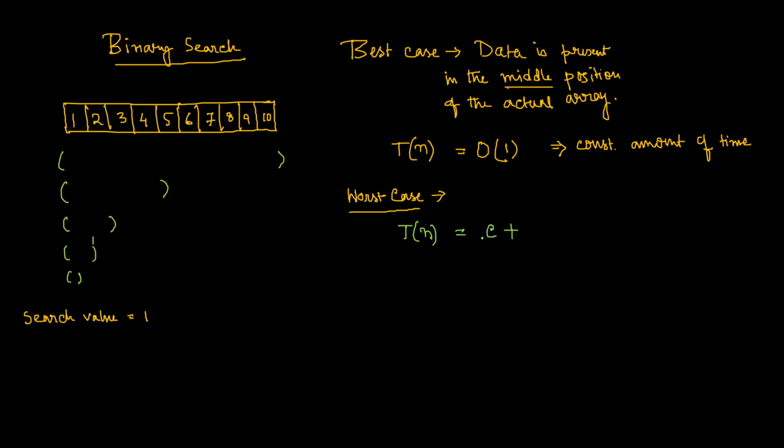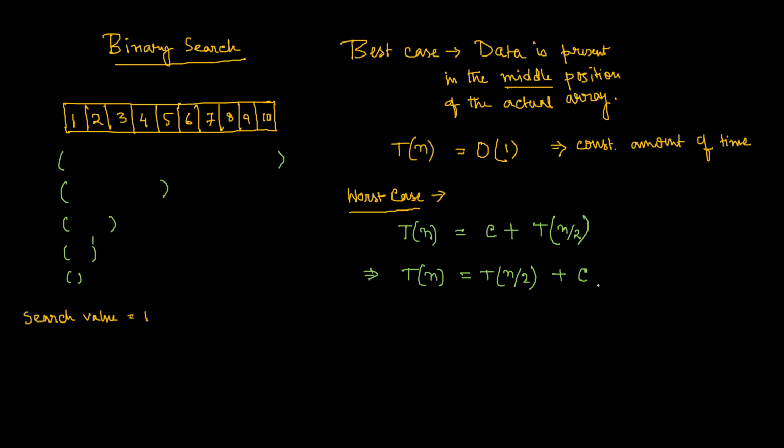So that means a constant value plus the time taken to execute the search operation for 1 on n by 2 amount of data set. By the way, let's write it clearly. T(n) will be equal to T(n by 2) plus C.